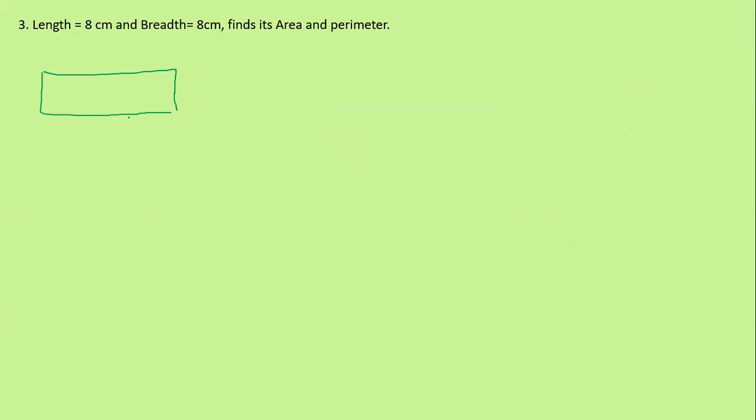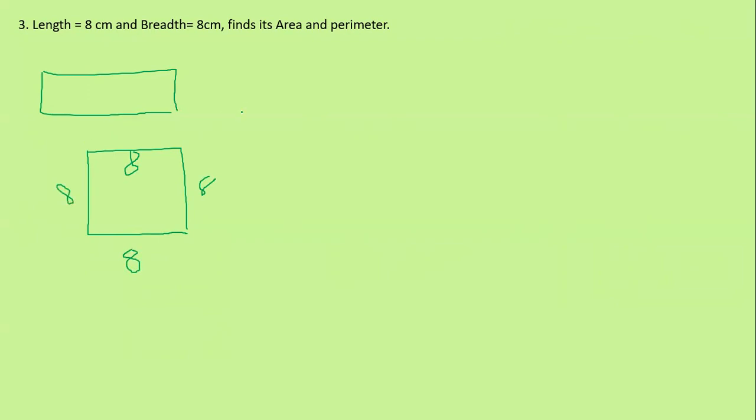But that is not the case. It is saying both as 8 centimeter. So most probably I can see that it's a square, right? 8, 8, right? And again 8 and 8.